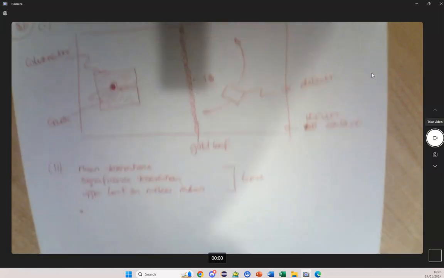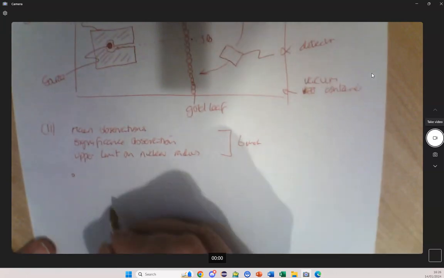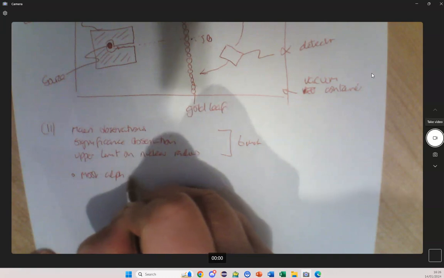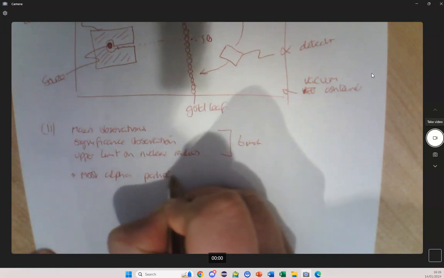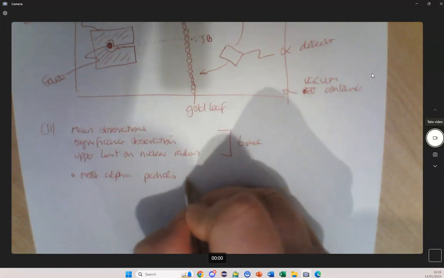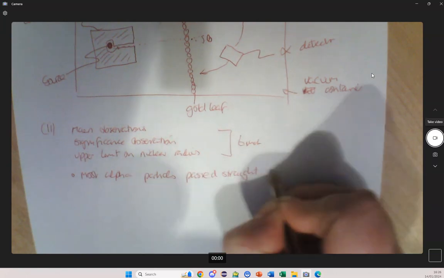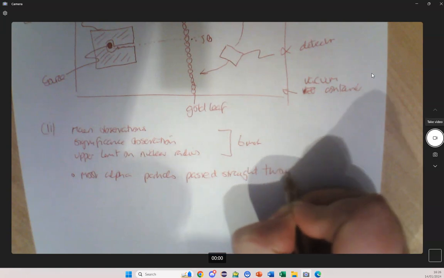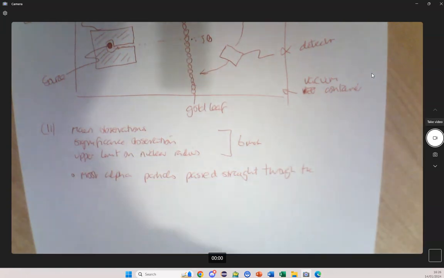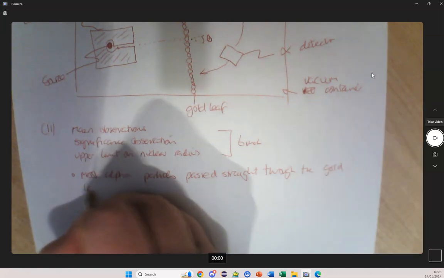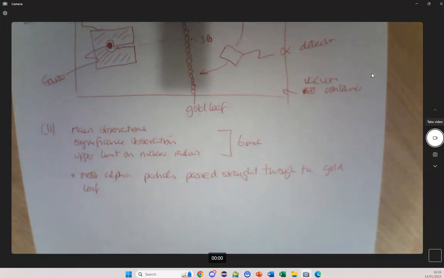First off, most alpha particles passed straight through the gold leaf. So that's our observation.